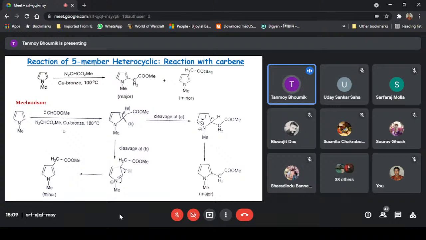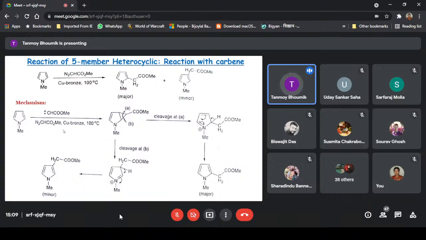As a result, this CH3, CH2, and CH2 type of unsaturated hydrocarbon can be protonated, and from the CH2, this is the CH2COOMe. And after the formation of these two different types of products, one should be major, another should be minor.